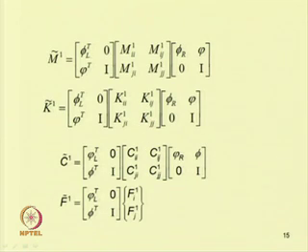So we can use this coordinate transformation. This is the mass matrix multiplied by this, and similarly for the stiffness matrix also. Here this is the left eigenvector and this is the right eigenvector, so we are using the left and right eigenvectors. We can write this, and for the damping and for the force also we can write it this way.